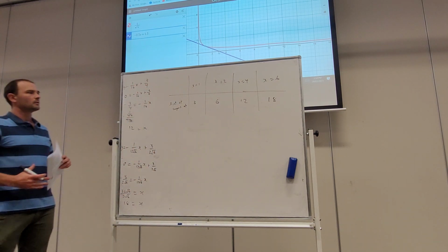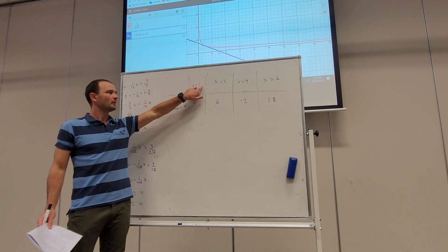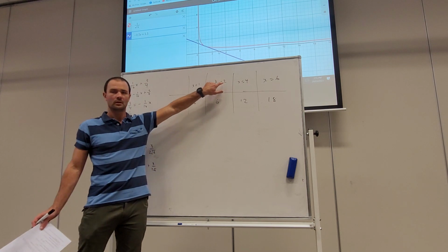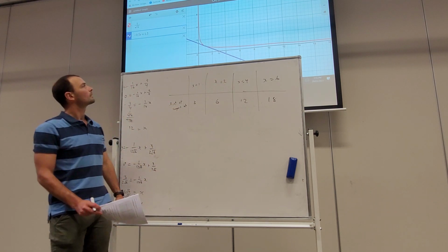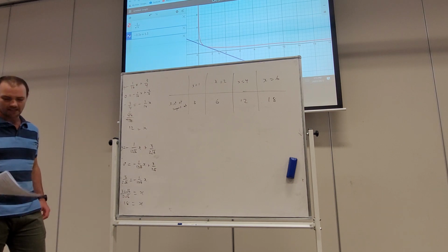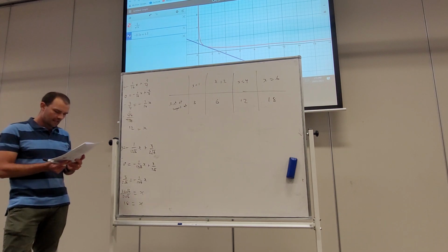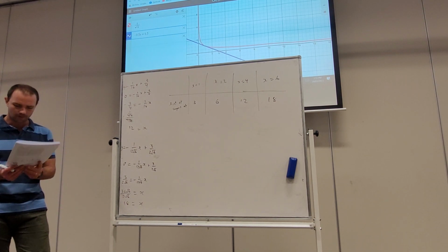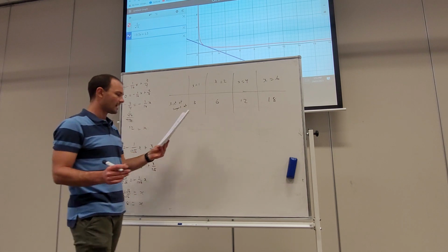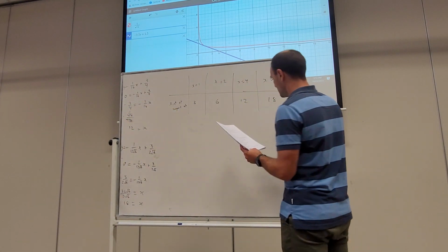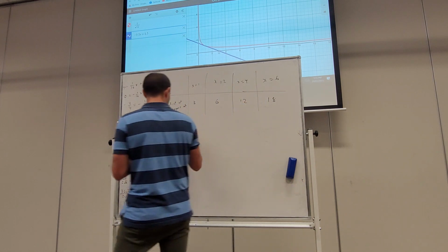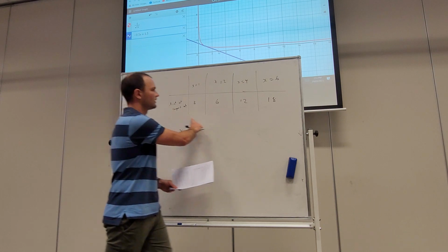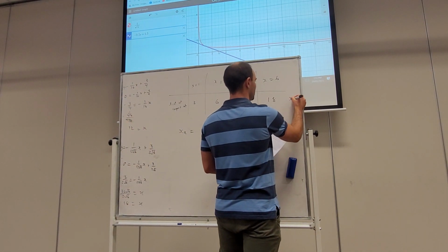So if we draw the tangent at x is 1, the x-intercept is 3. If we draw the tangent at x is 2, the x-intercept is 6. Okay, consider the tangent to the function at x is a. Let xa be the x-intercept. On the basis of your answers, make a conjecture describing how xa is related to a. So xa is the x-intercept of the tangent at x is a.